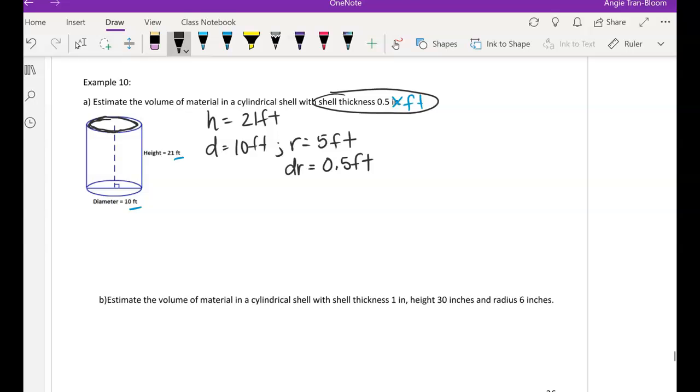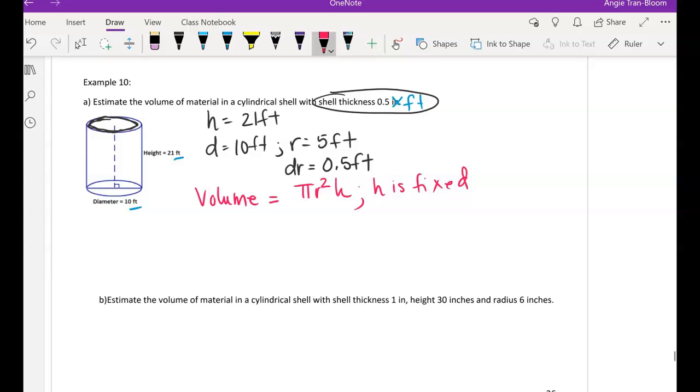Question A says, estimate the volume. What we want to do is write the volume formula down. Volume equals pi r squared times h. The height is fixed because it gave us the height of 21 feet.